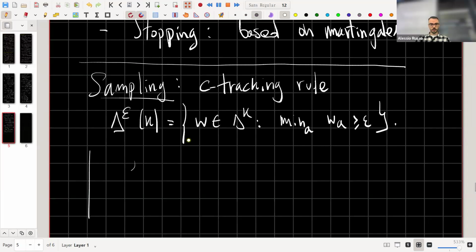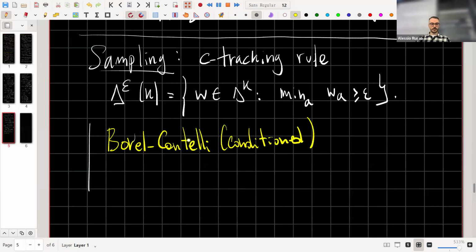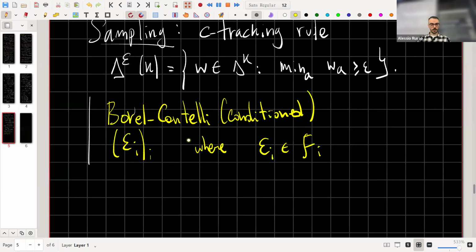Let me change color. So there is the second lemma of Borel-Cantelli. Here we use the conditioned one, which says, suppose that you have a sequence of random variables, where each E_i is F_i measurable.